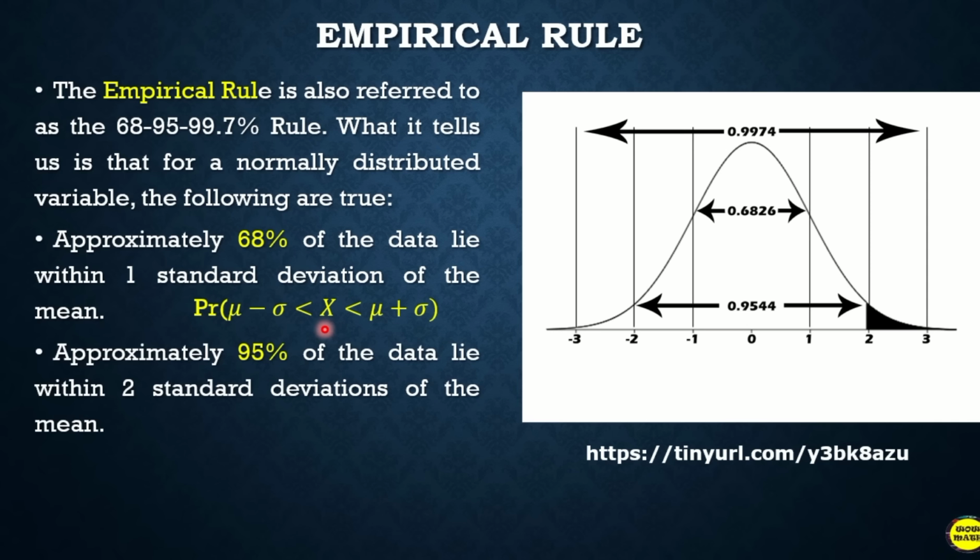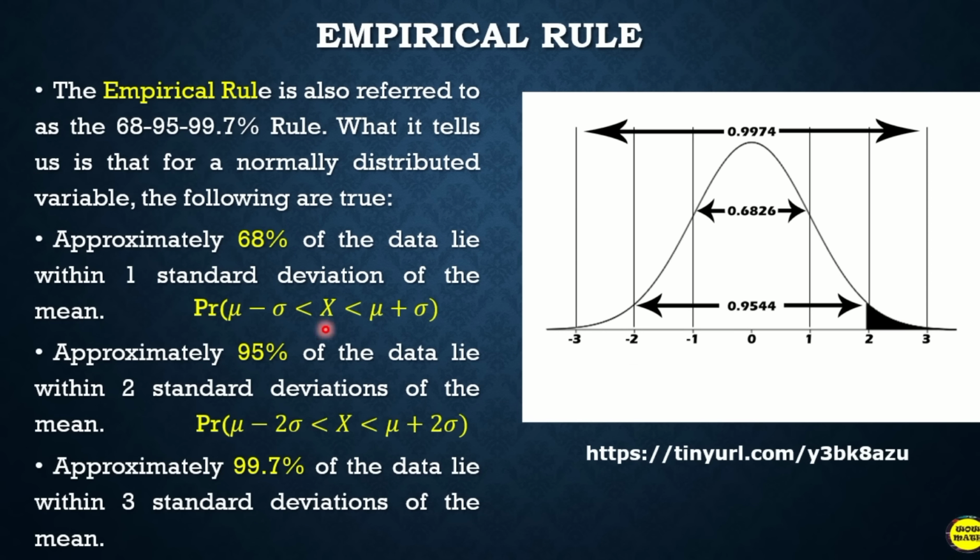Kapag approximately 95% of the data, it lie within two standard deviations of the mean. Mula dito kay negative 2 to positive 2, so that is 95% of the data. And then, we're going to use this formula: the value of the population mean minus 2 times the standard deviation. Kung dito minus, sa kabila, plus.